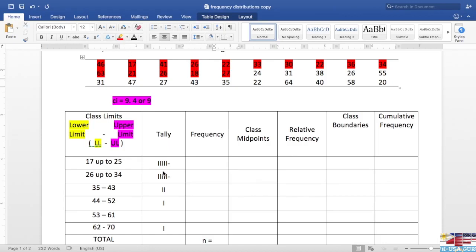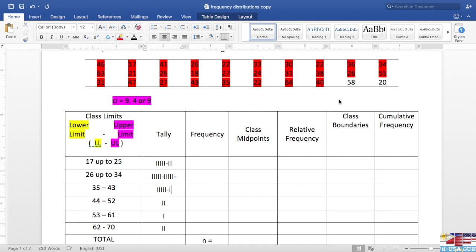And then 27. 58, and 20, which is the last number, and it falls here. And so we're done tallying each mutually exclusive class.